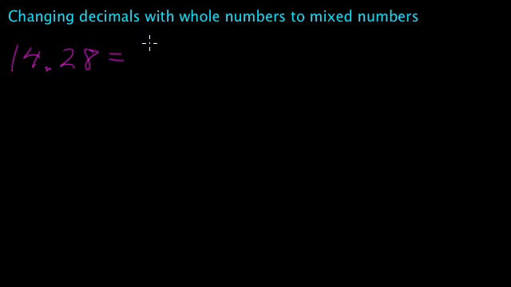Well, the integer part is already given to us. That's 14. So we can just copy that down from what we have before, and the fractional part is going to come from the decimal portion, just as we had done before.